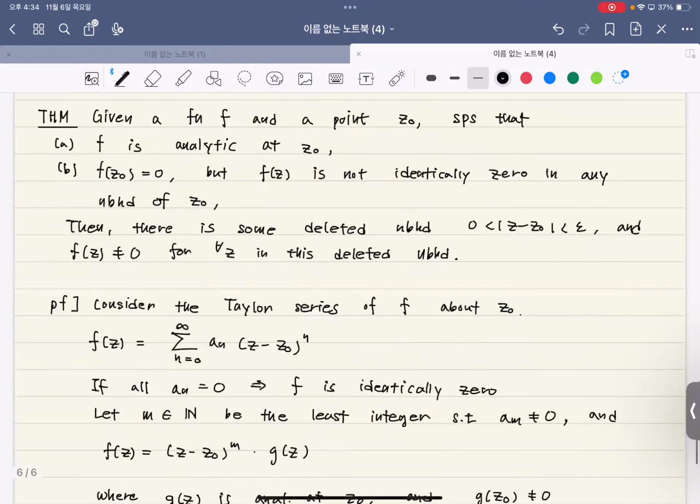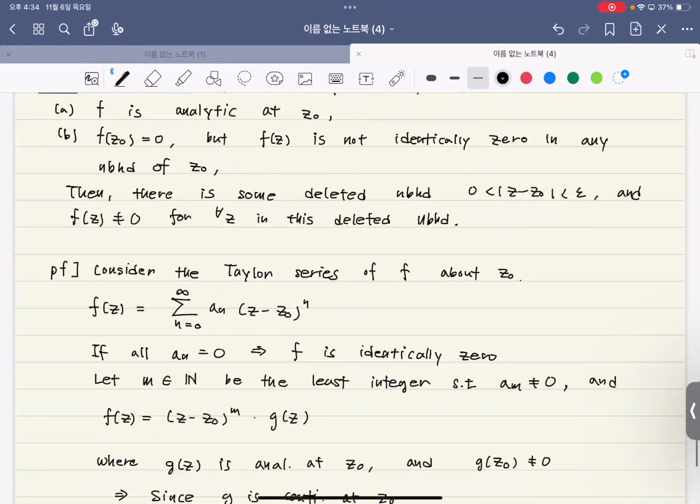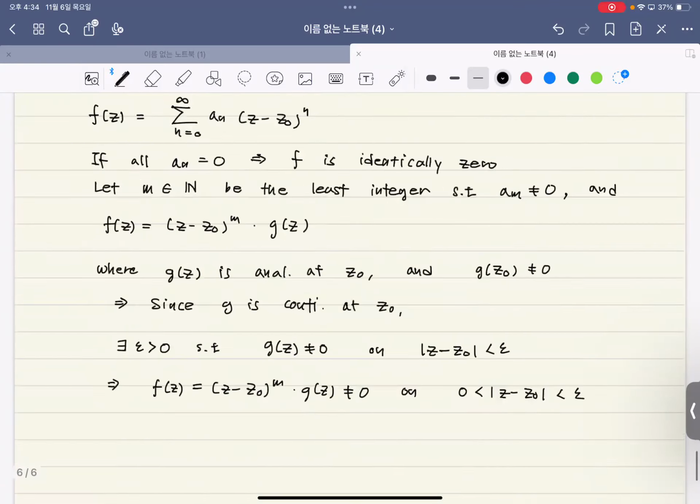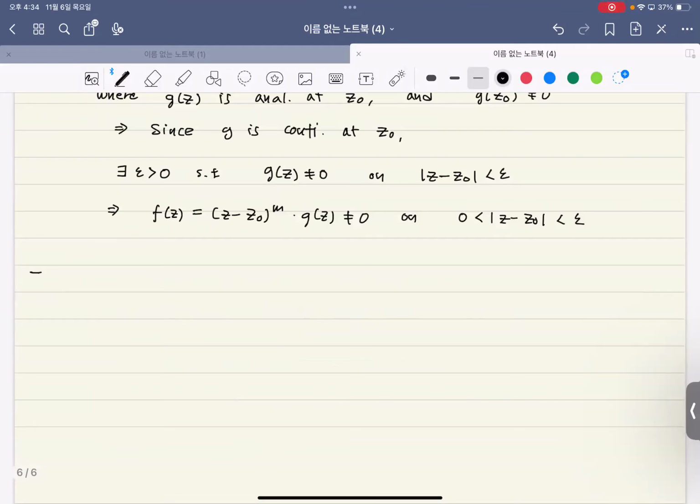This theorem looks interesting, but it actually has a very striking result.